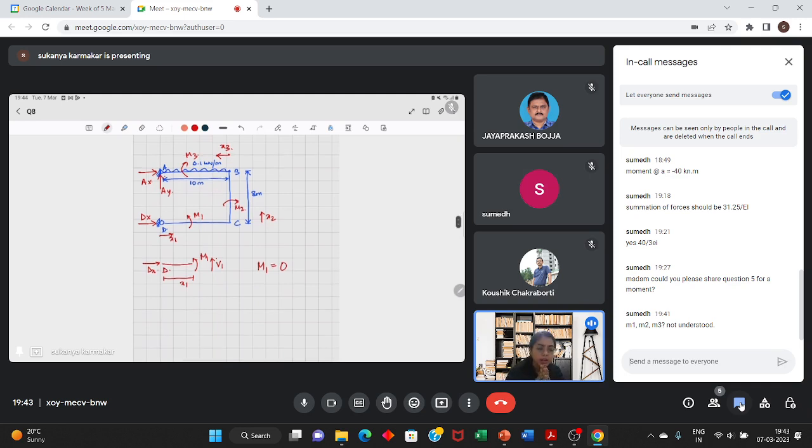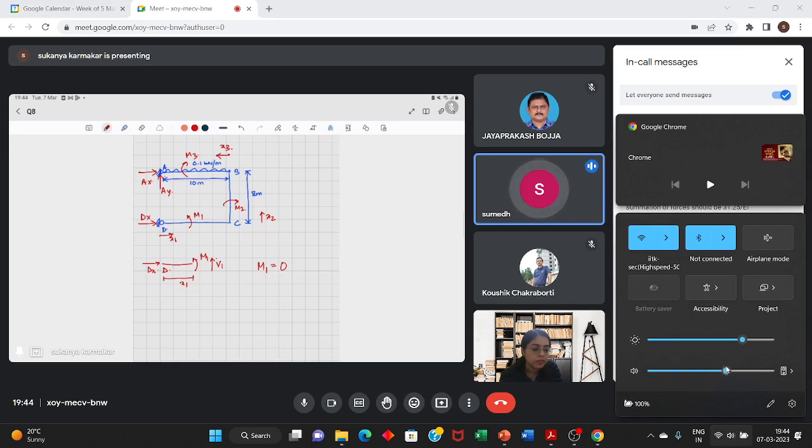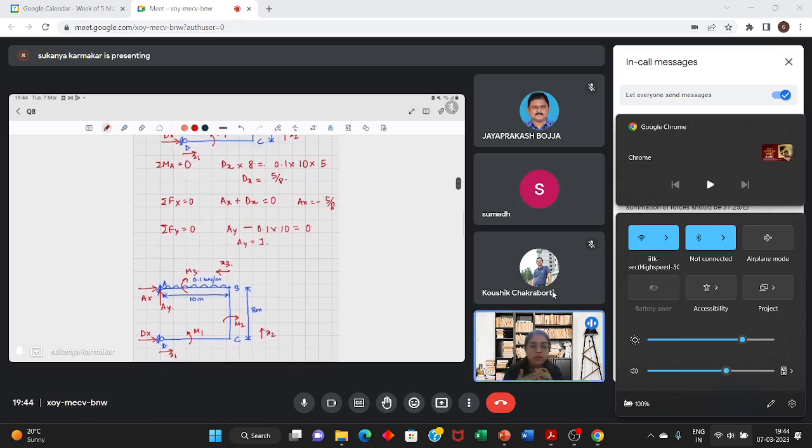Is M1 clear? Capital M means moment at any section when all the loads are applied, and small m means remove the external loads and apply a new load. You're confused because of the nomenclature.